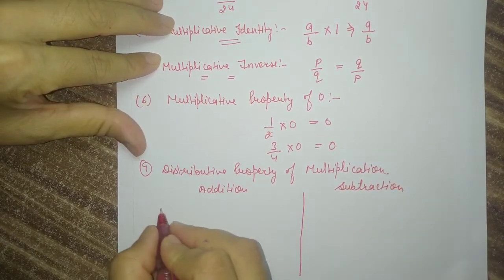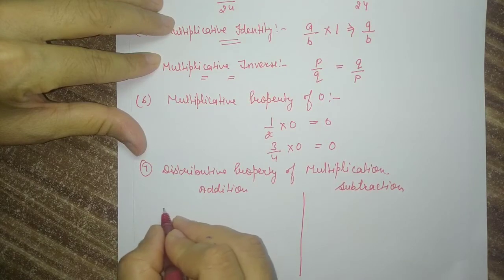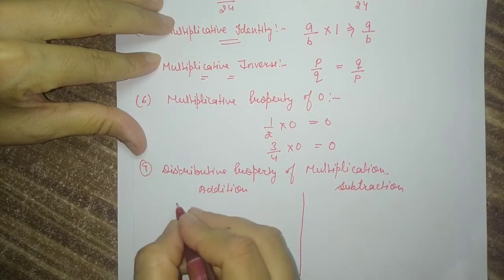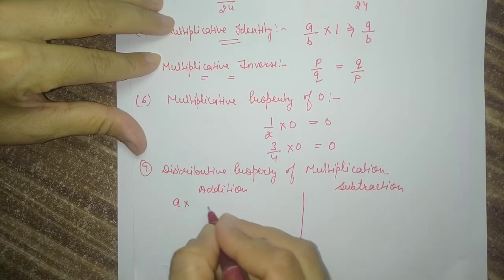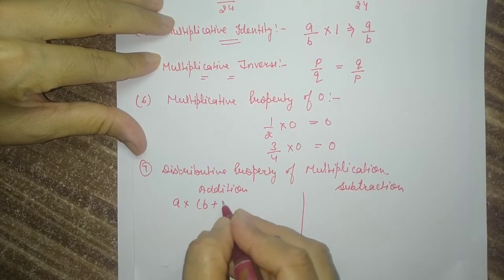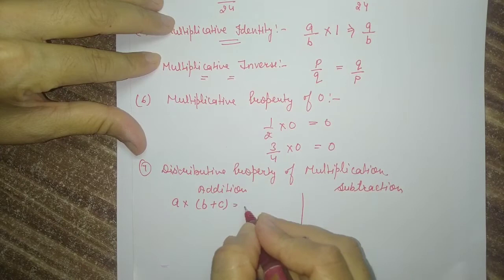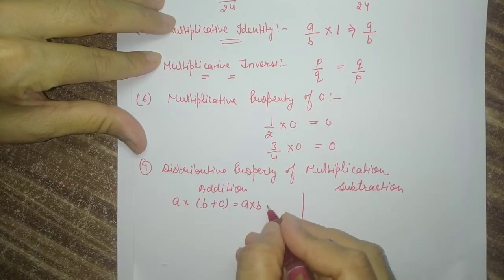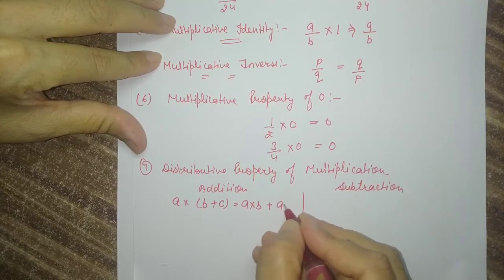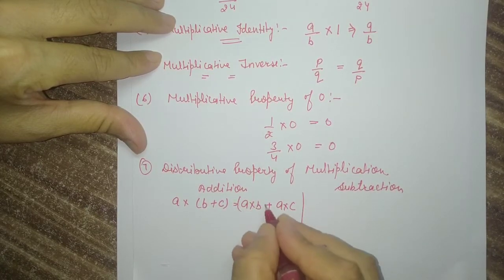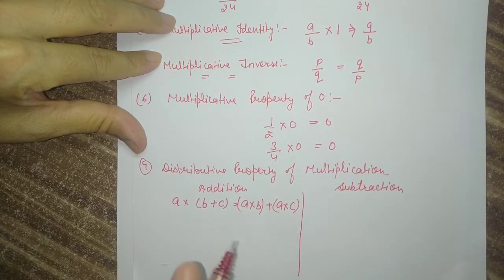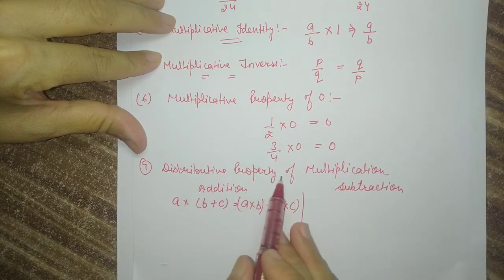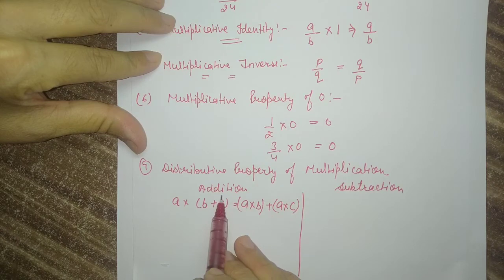In case of addition, first I am going to write in a simple form without fractions. If a number A is multiplied with the addition of B and C, how do we solve this? A multiplied with B, then a plus sign between them, and then A multiplied with C also. This property is called distributive property of multiplication over addition.